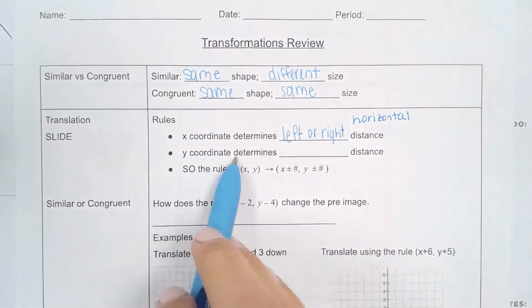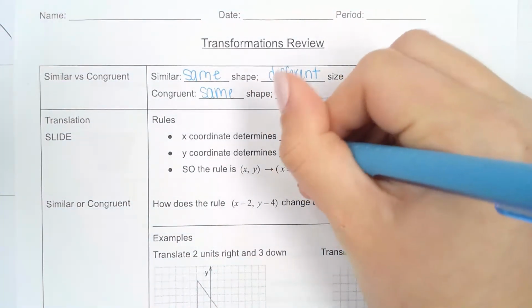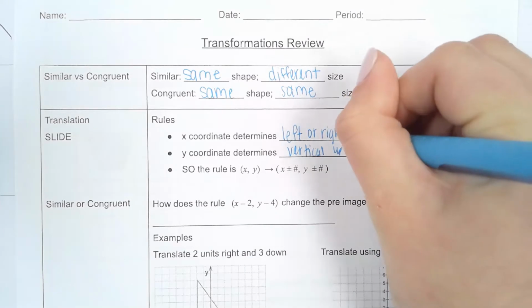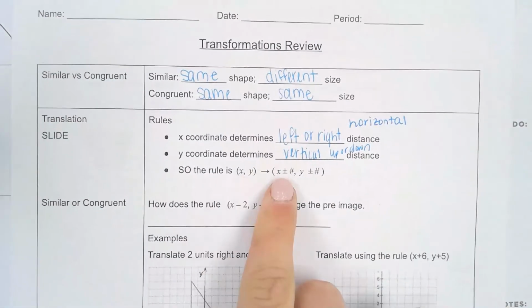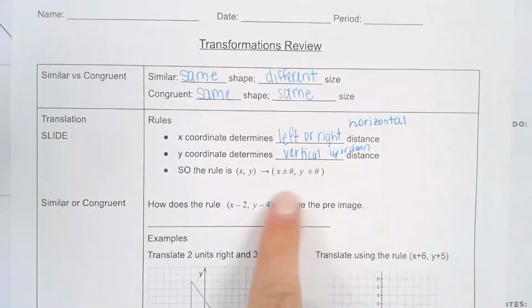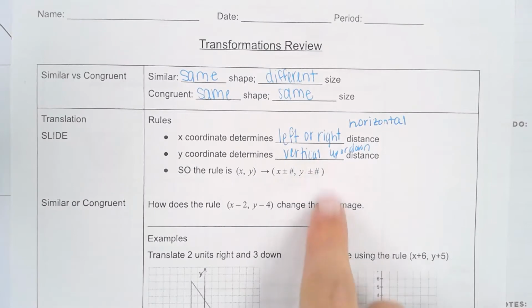Which means your y coordinate determines your vertical distance, so up or down. So the rule is your x is going to be plus or minus whatever you're moving left or right, and your y is going to be plus or minus whatever you're moving up or down.